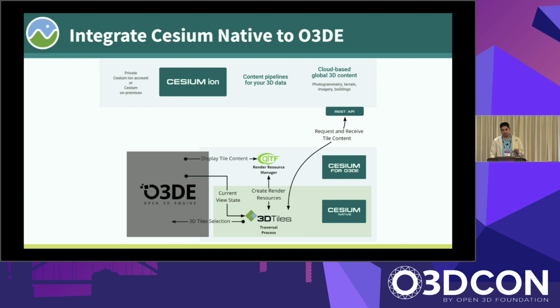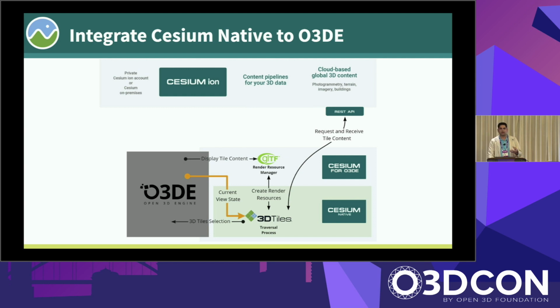So the way Cesium Native and O3D interact is first there's the glTF resource manager that is taking in the glTF and processing it. From there, from O3D, we get the current view state. We understand what the camera is looking at, what's the field of view, is it a top-down view, is it a horizon view?